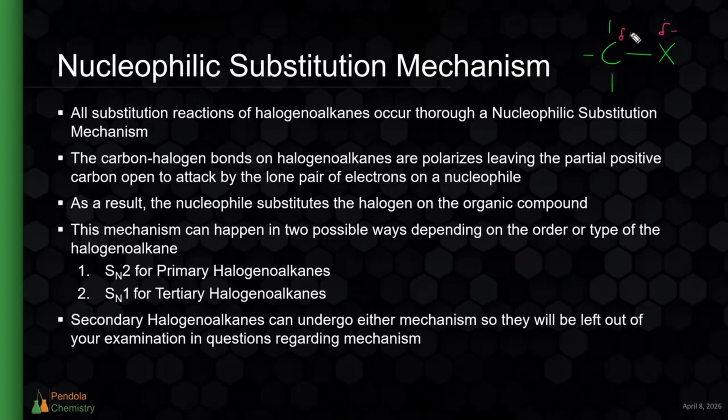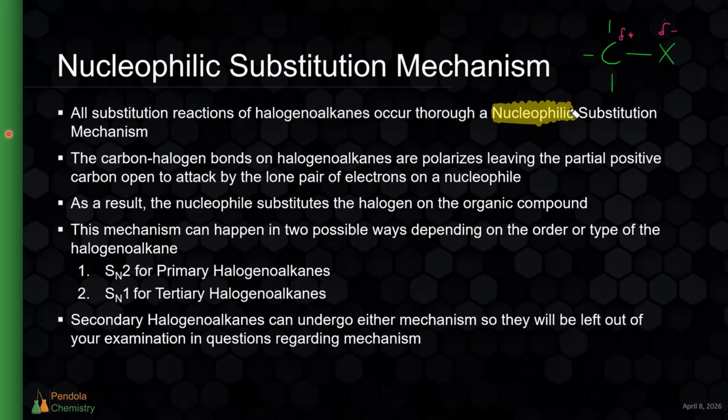Halogens are a lot more electronegative than carbon is, making that carbon partially positive. Now, leaving that carbon partially positive means that that carbon is going to be a perfect site for nucleophilic attack, for a nucleophile to come in and attack that carbon.